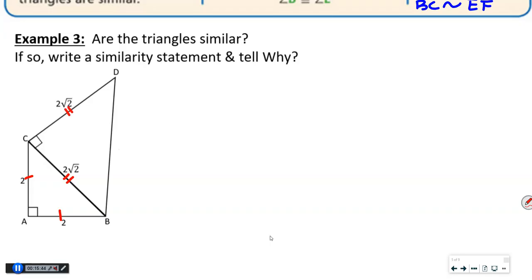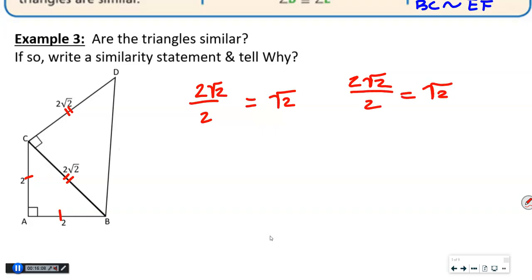So I'm going to do 2 over 2 square root of 2, that's our top triangle, CD, right, over 2. And the 2's will reduce, so that would be the square root of 2, right? And that would be true of the other side as well, right? 2 square root of 2 divided by 2 is also going to be equal to the square root of 2.